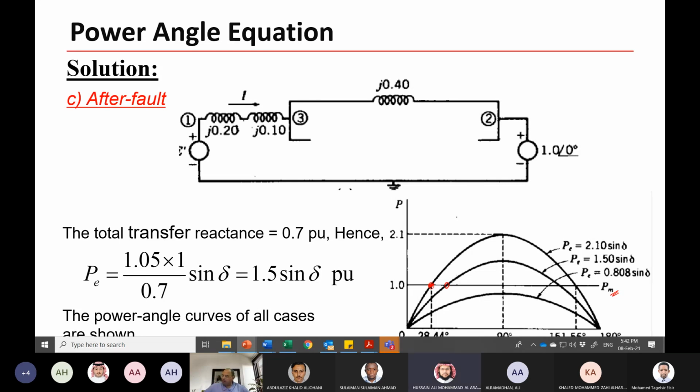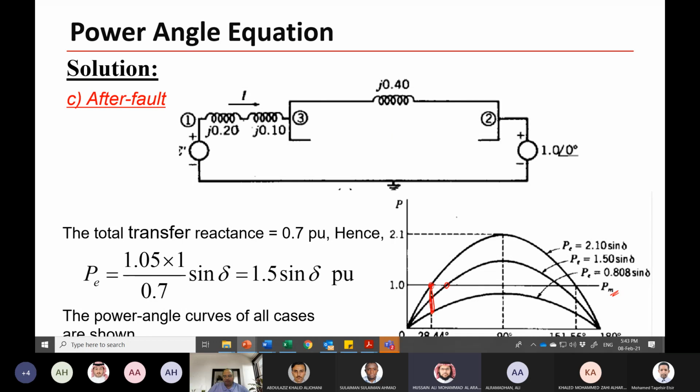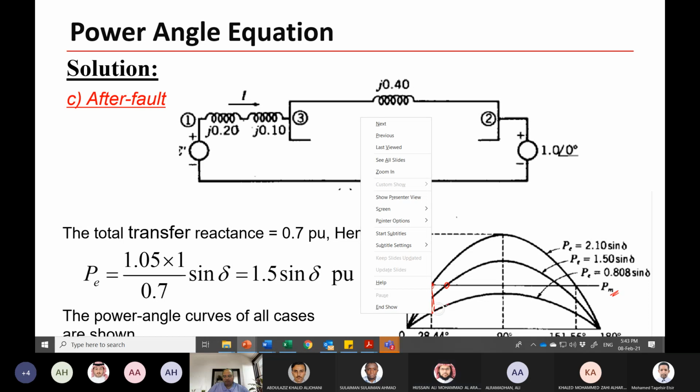It will move to the lower curve first before moving to this middle curve. Yes. Okay. Then we reach here. Now we are here. Next, it will go to the right, aligned with the right one.